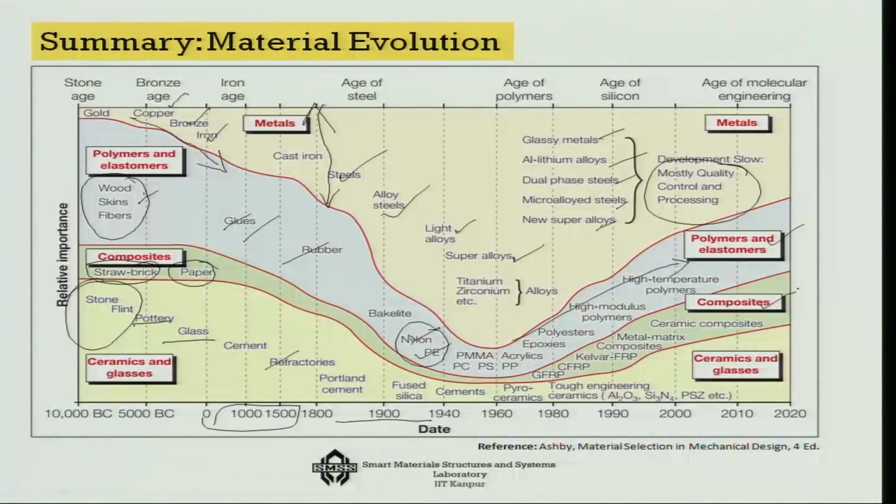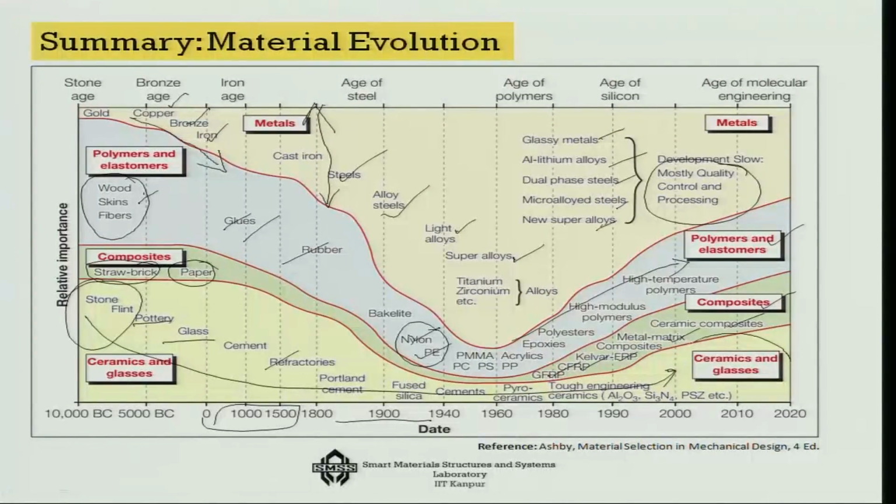As I told you, composites are basically mixing of various types of materials. For example, we have carbon fiber reinforced plastic, CFRP, glass fiber reinforced plastic, Kevlar, which is used for bulletproof jackets, metal matrix and ceramic composites. So, there are various types of composites coming up, and one very interesting thing is that you may say the Stone Age is actually coming back here in a different format.